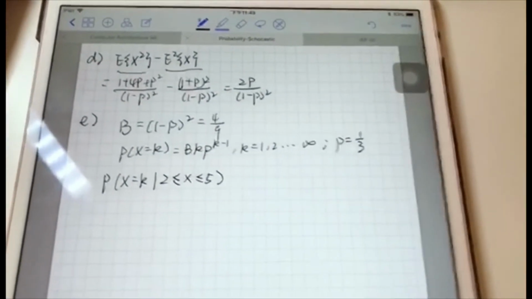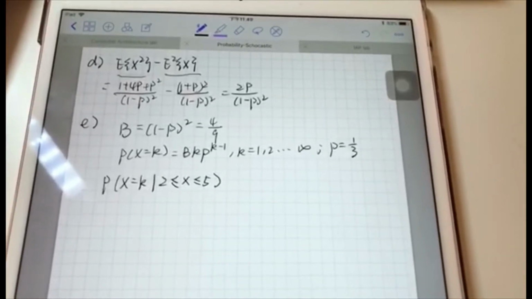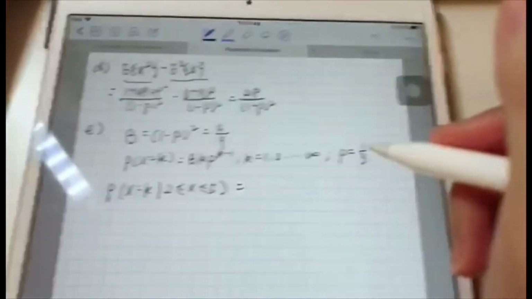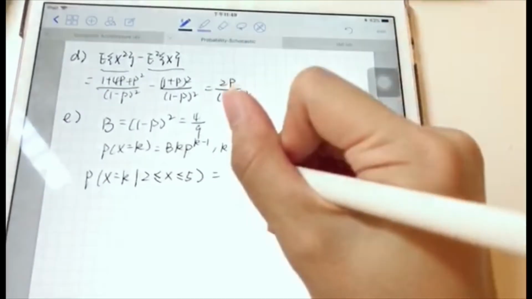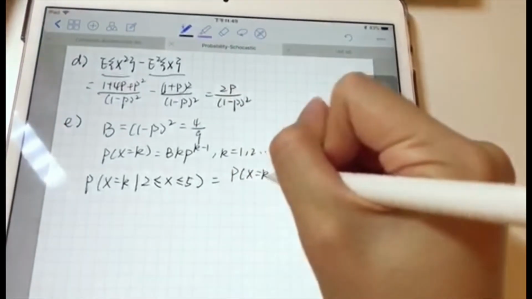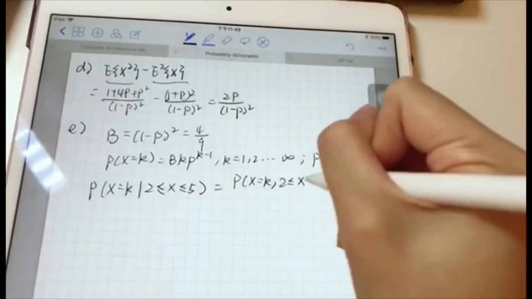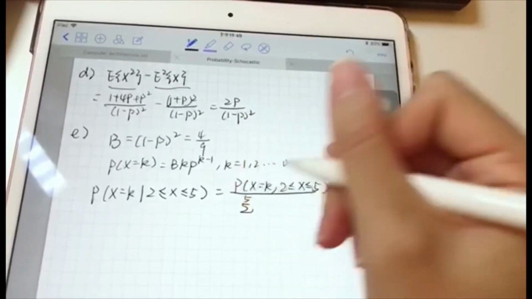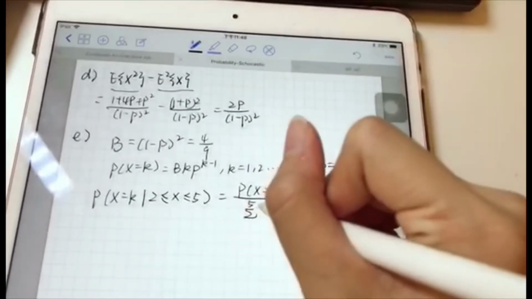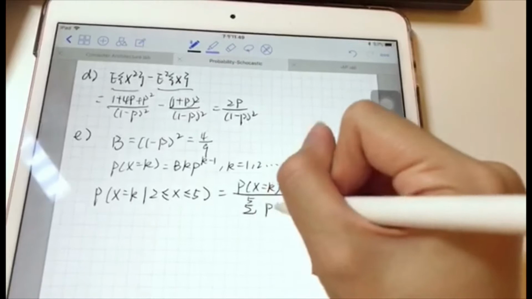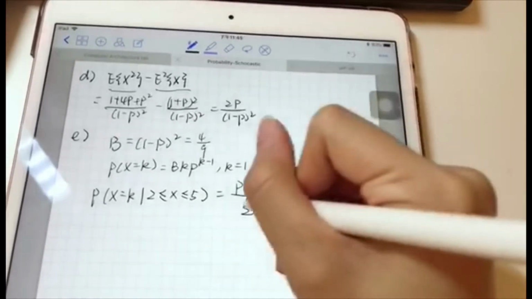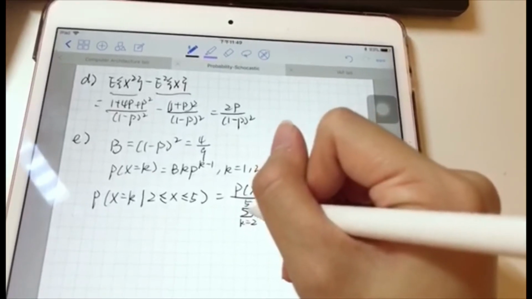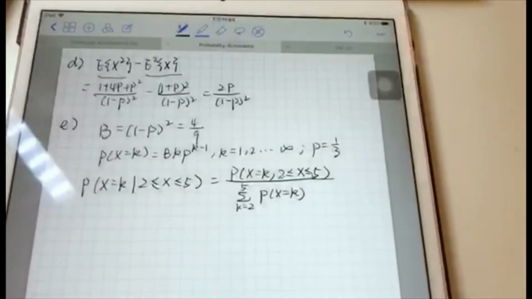According to the definition of conditional probability, we can write this expression like this, divided by the sum of P(X = k) for k equals 2 to 5.